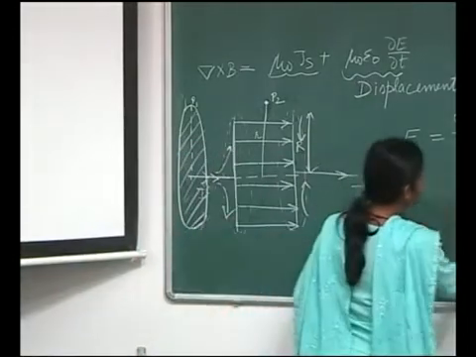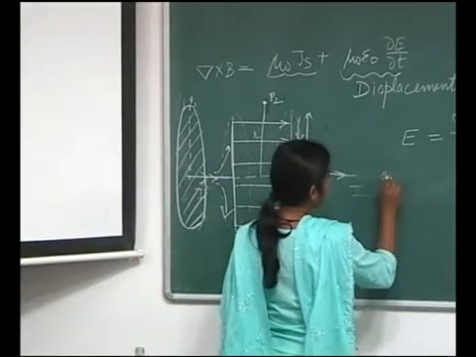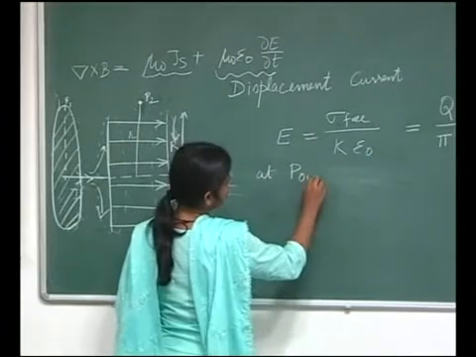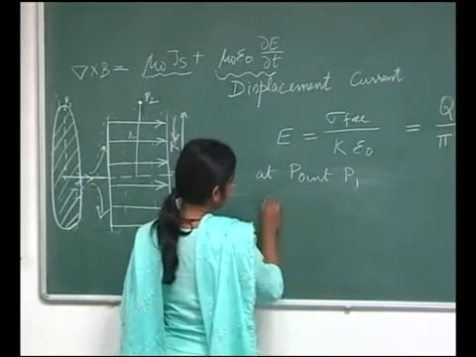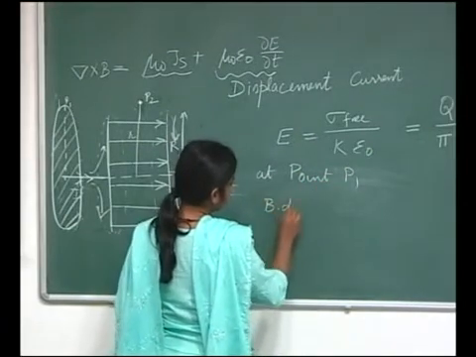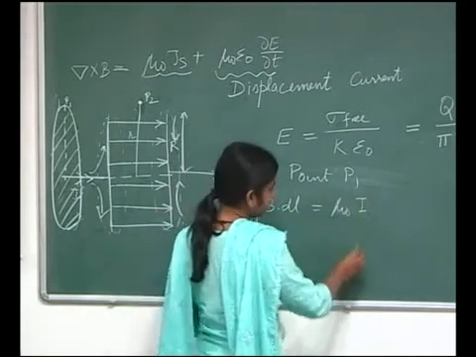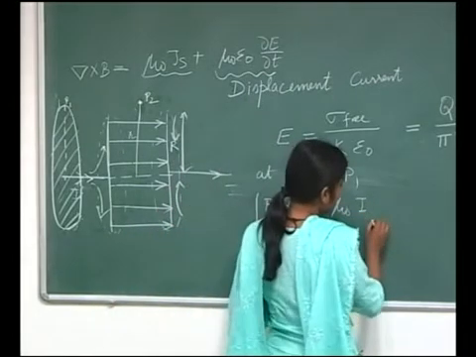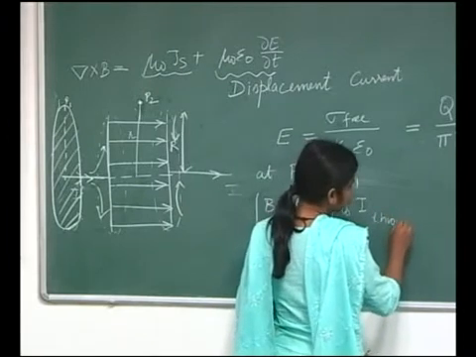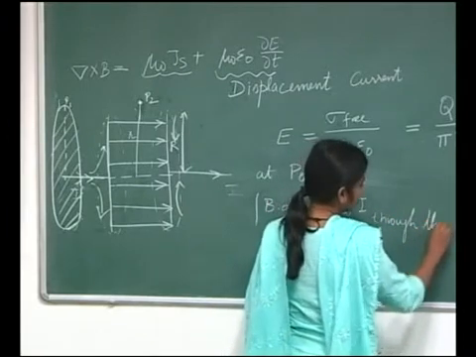I can write from Ampere's law that at point P1, the closed loop integral of B dot dl is equal to mu naught into I. What is this I? It is the current through the open surface.